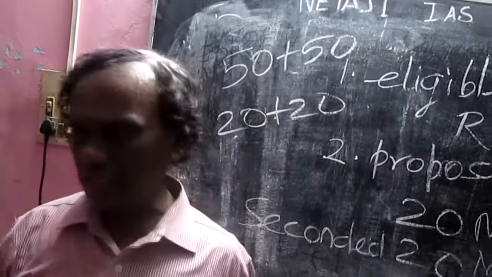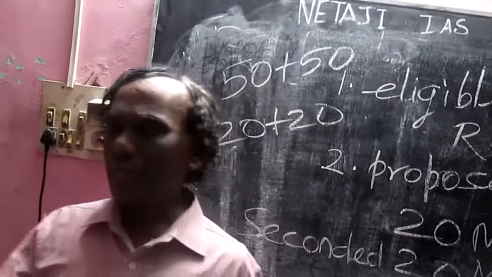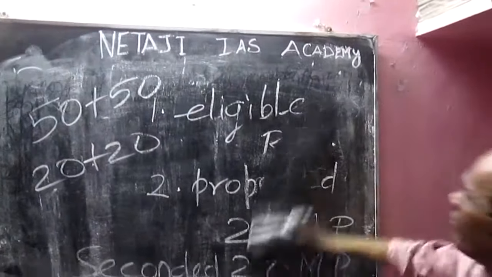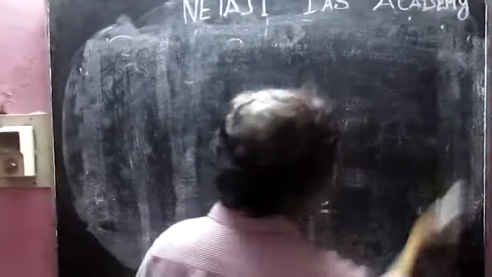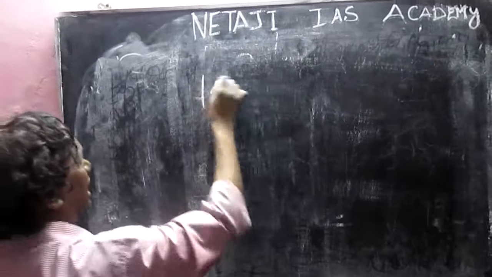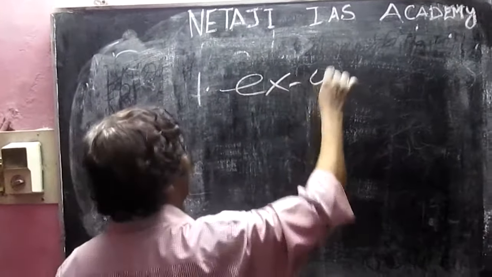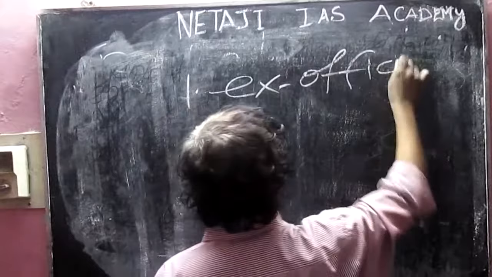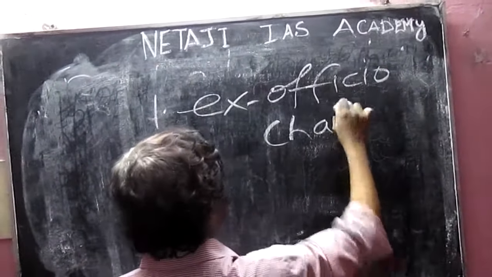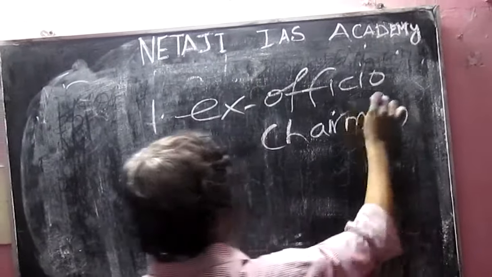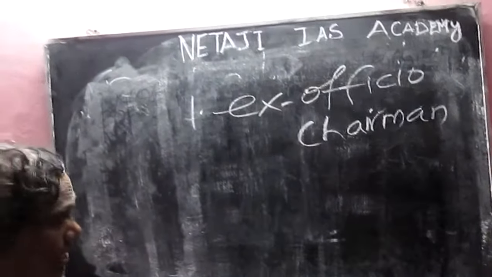Go to next title. Powers of the Vice President. Functions of the Vice President. He is the ex officio chairman of Rajya Sabha.